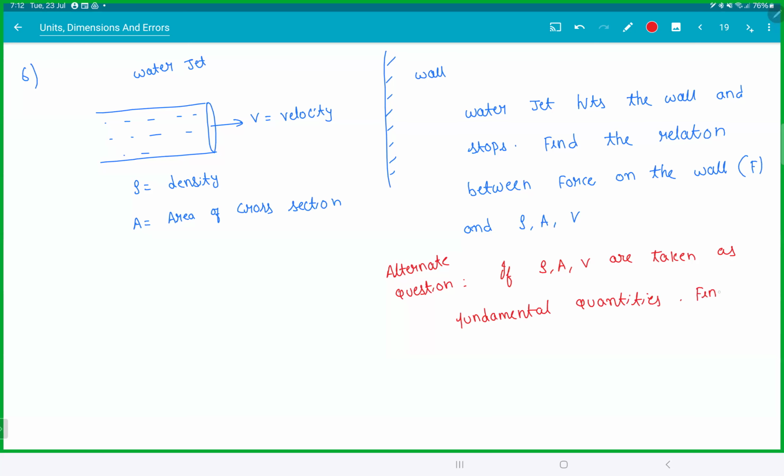Find force in terms of rho, A, v. Find dimensions of rho, force. This question we did last time, remember? So for both the questions, the answer is same. You have the same solution for both the questions.